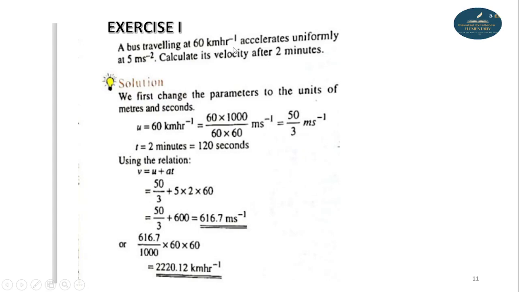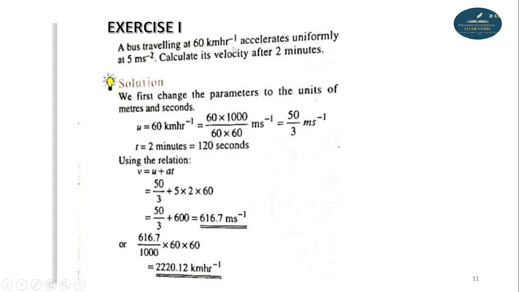We first change the parameters to the units of meters and seconds, as well as the time, which is in minutes. We need to convert it to seconds. So for u, which is 60 kilometers per hour, the method which can be used to convert a unit in kilometer per hour to meter per second is multiplying the value.